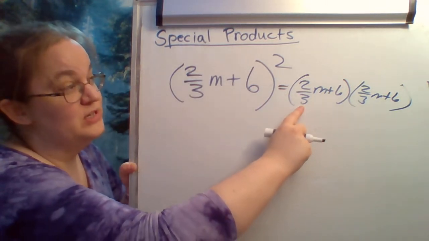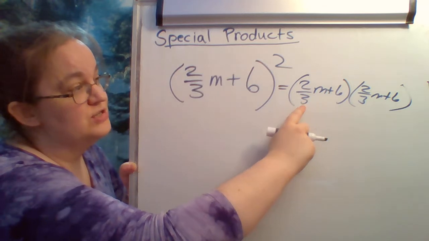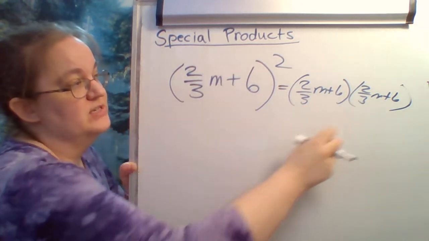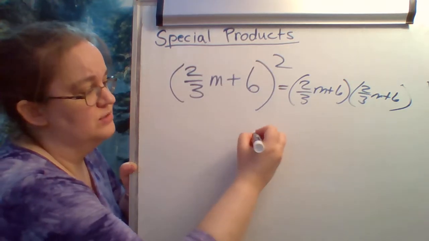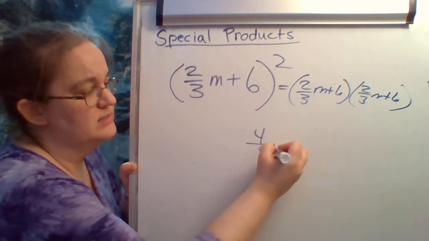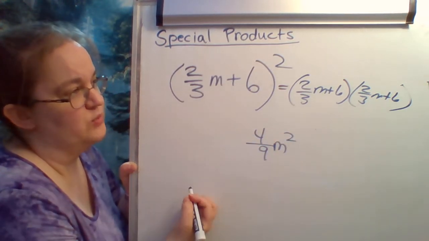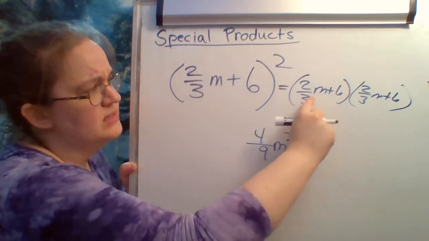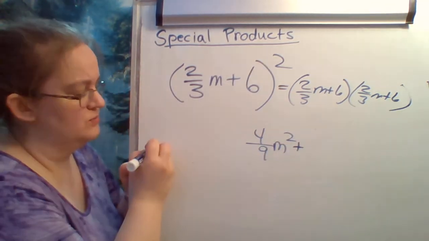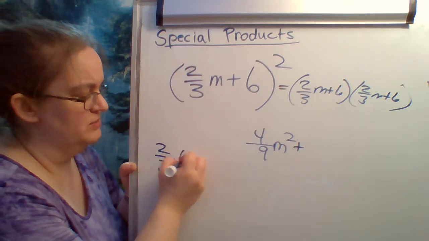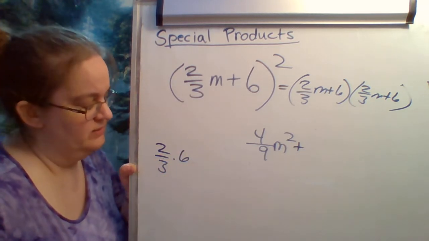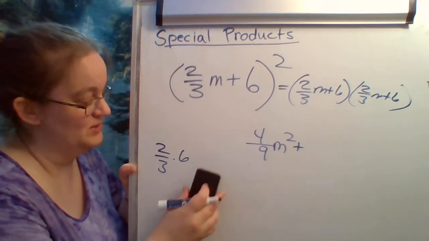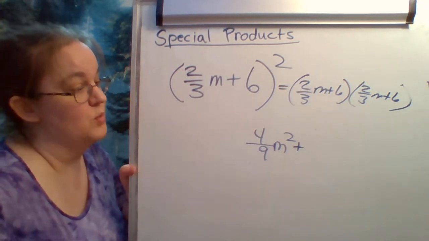All right, so then we are going to do our double distribution. The first term times each of the ones here. So 2/3 m times 2/3 m: 2/3 times 2/3 is 4/9, and m times m is m squared. Plus 2/3 times 6. Remember that when you're doing this, this is actually really easy in your head. 2 times 6 is 12, divided by 3 is 4.